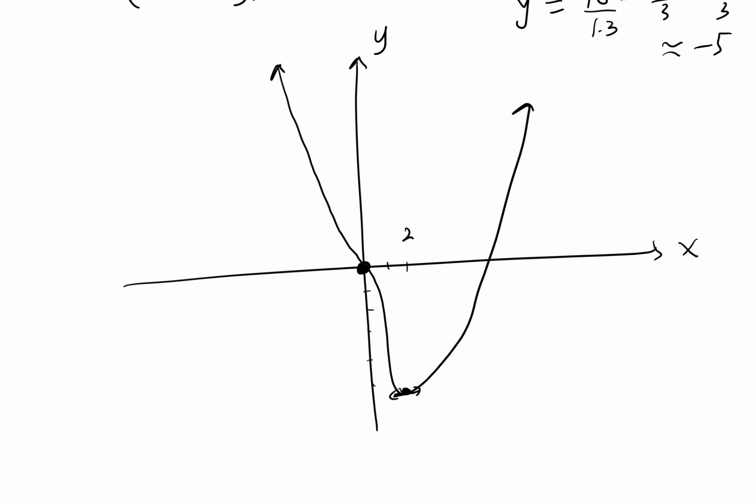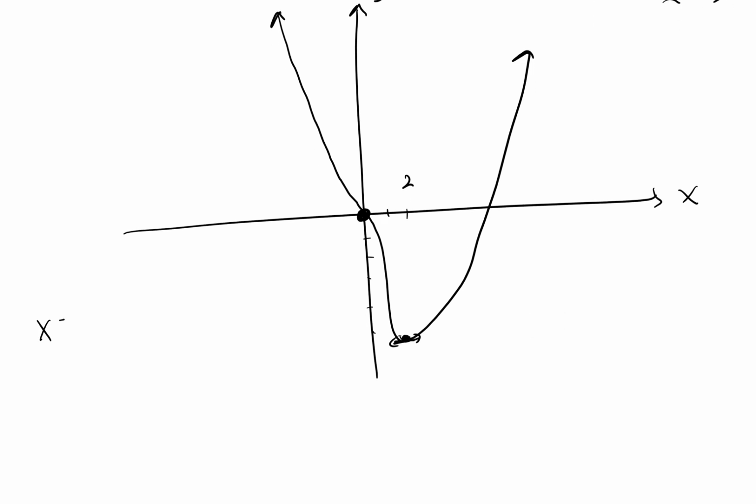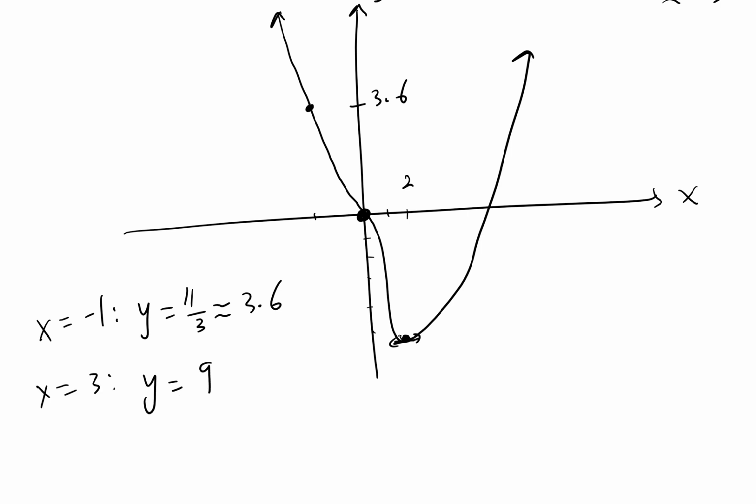Let's say you choose x equals negative 1, y would give us 11 over 3, which is about 3.6. So negative 1 and 3.6, say here. If you pick x equals 3 and substitute into the original function, you will get 9.